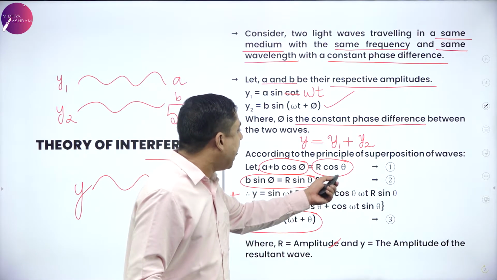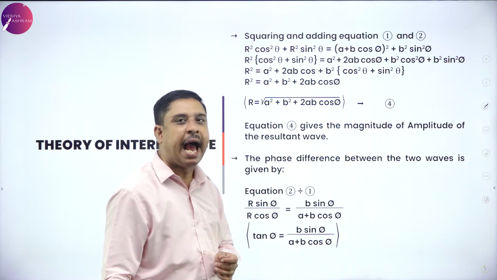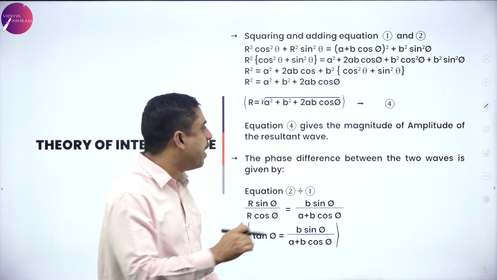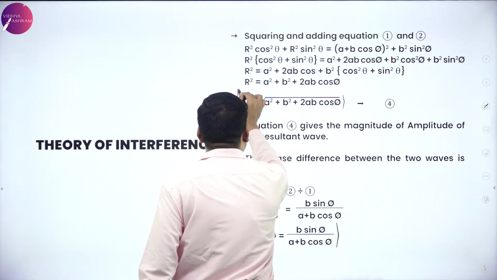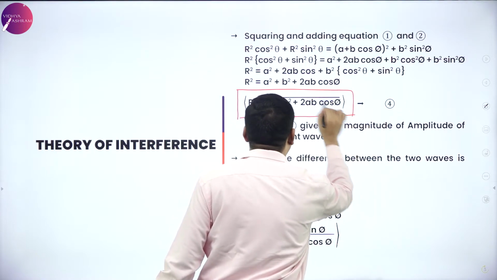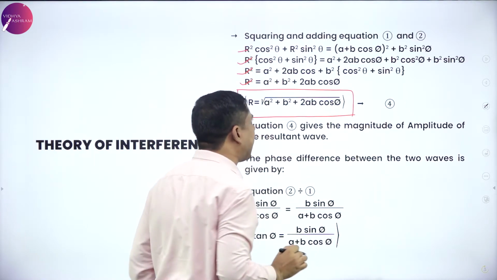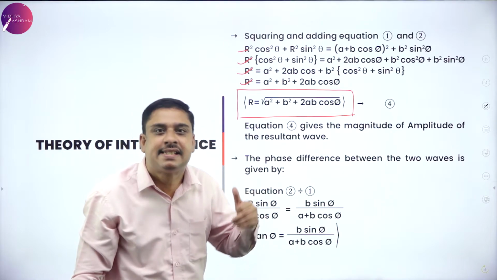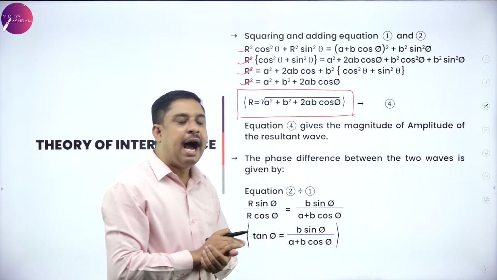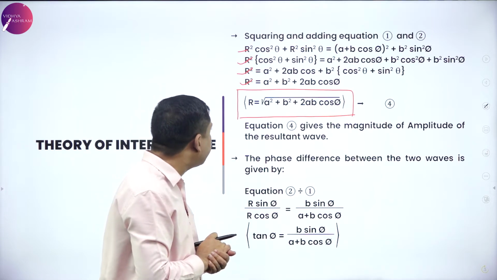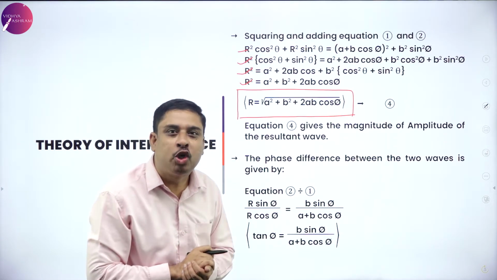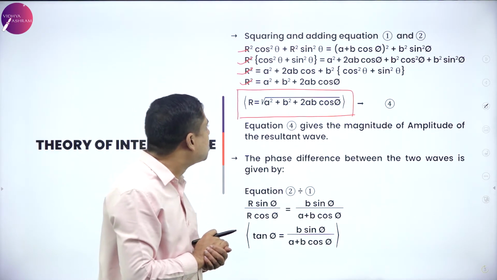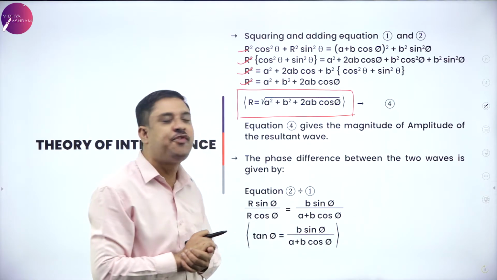Now, I square and add equations 1 and 2. On squaring and adding equations 1 and 2, I get, these are the steps of simplification. Again, simple trigonometric simplification. I arrive at R equals root of A squared plus B squared plus 2AB cos phi.